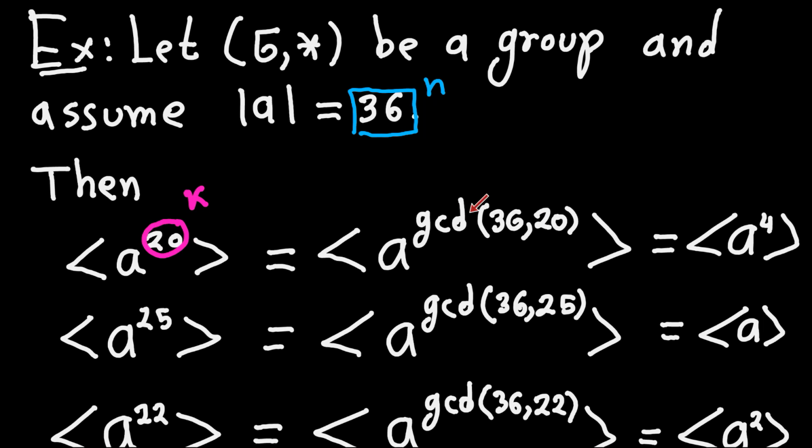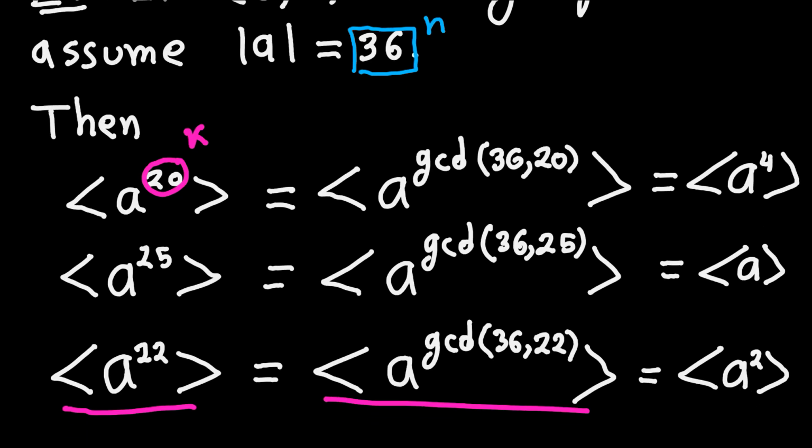Now the GCD between 36 and 20 is 4. So a to the 4 also is a generator for this subgroup. So this is a smaller exponent. Let's say now you want to have another generator for a to the 25th, the subgroup generated by that element.